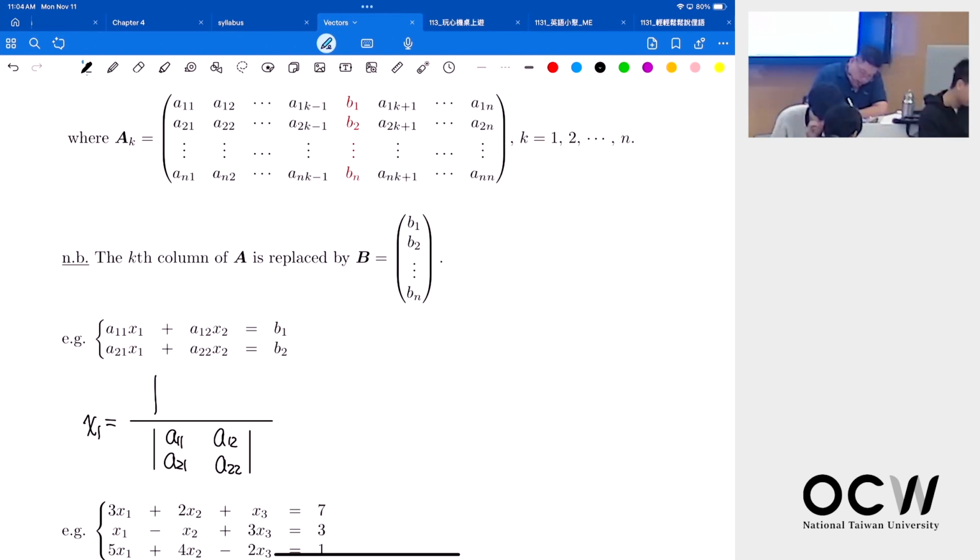Then how about the numerator? It's x1, so my first column will be replaced by the B vector. So here, instead of A11, A21, there'll be B1, B2, and the rest the same, A12, A22.